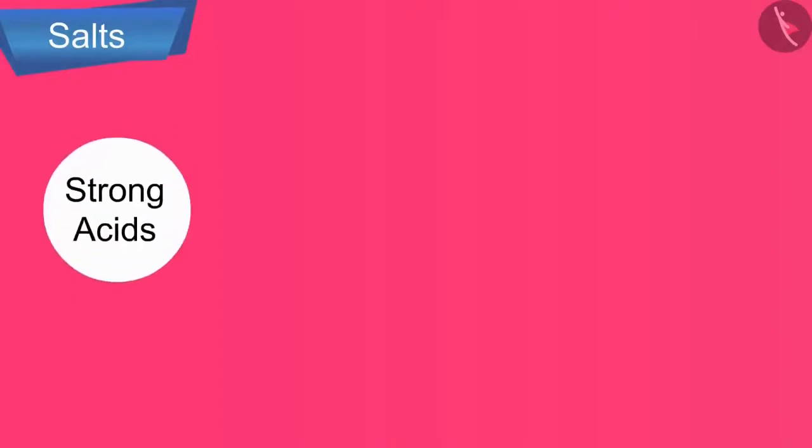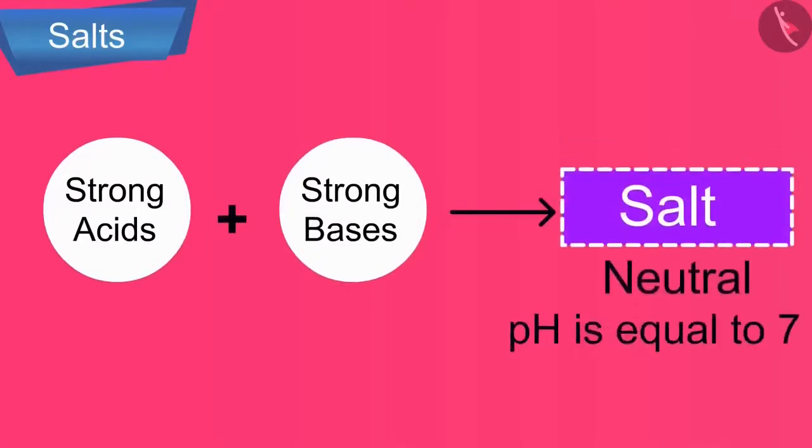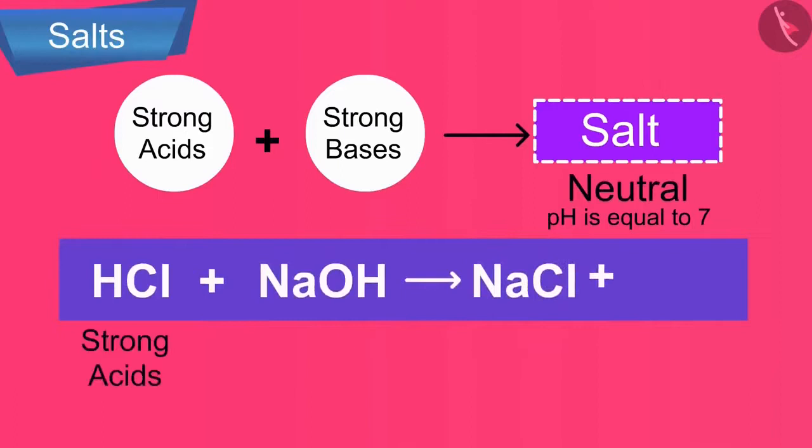Firstly, the salts of strong acids and strong bases give neutral solutions with pH equal to 7. For example, sodium chloride is formed from a strong acid, hydrochloric acid, and a strong base, sodium hydroxide. So they produce a neutral salt.